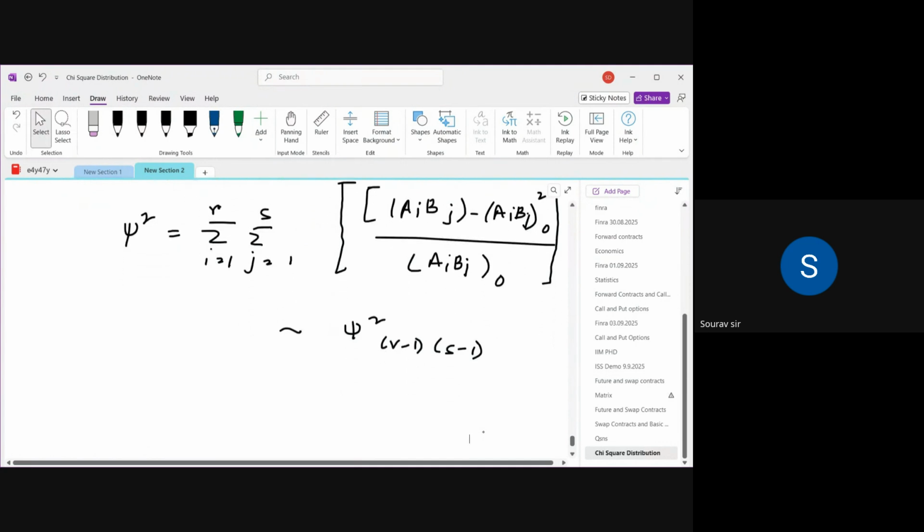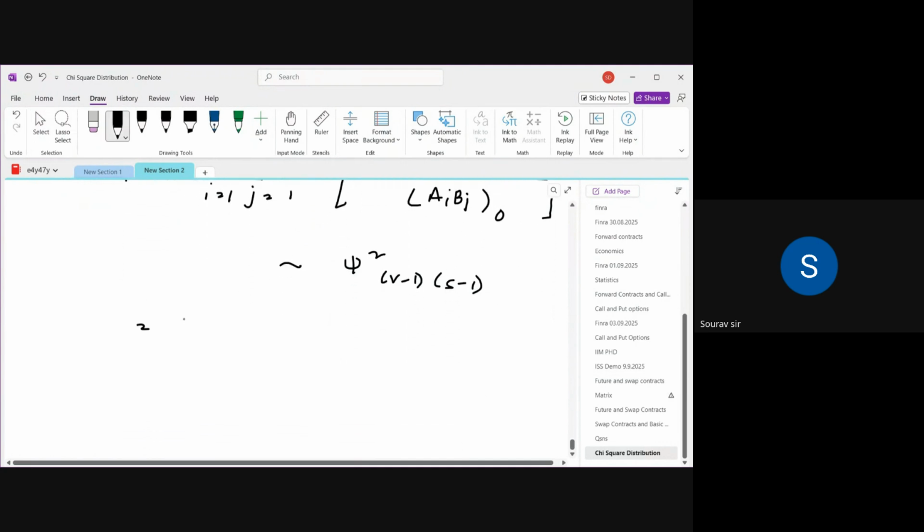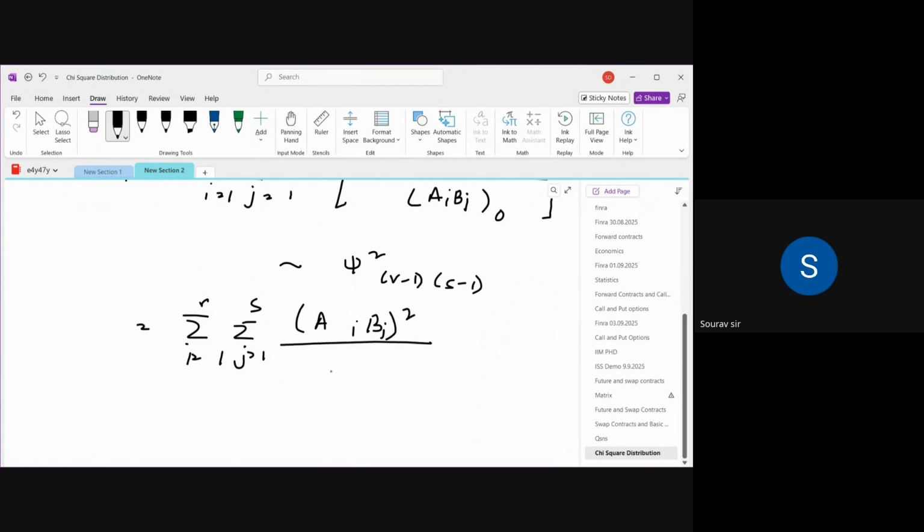That is equal to the summation i is 1 to R, and again j will be 1 to S, of AiBj squared by AiBj0 minus what we finally said.